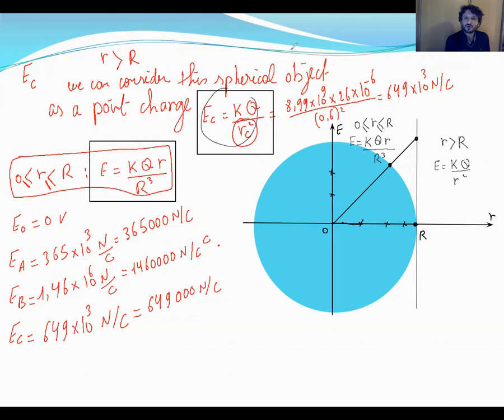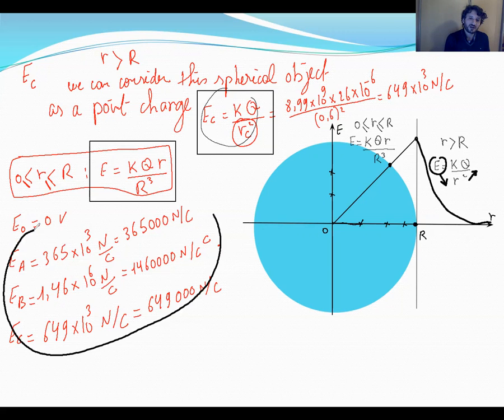So we must have an inverse-square relation between them, parabolic, excuse me. Each time you go away from the sphere, if r increases, the value of E will decrease. Here we can see the values at each point. Thank you.